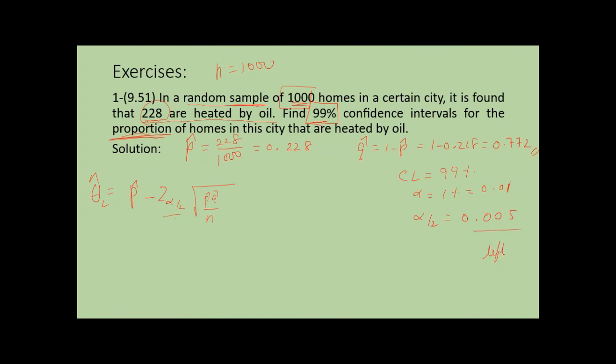What is the left side area? For z, we should be careful about the left side area. The table gives only the area to the left of z. The left side area is 0.995. For this area, from the table, I find Z alpha over 2 is 2.58.